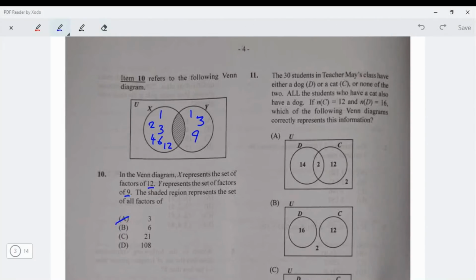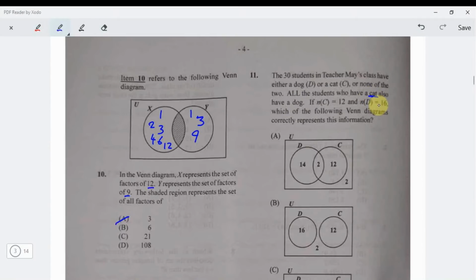Alright, so question 11, it says, the 30 students in Teacher May's class have either a dog or a cat, or none of the two. All of the students who have a cat have a dog. So let's write that in set notation form. So what they're literally telling us is everybody who has a cat must have a dog, right?